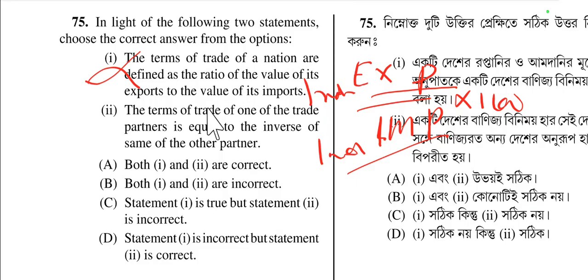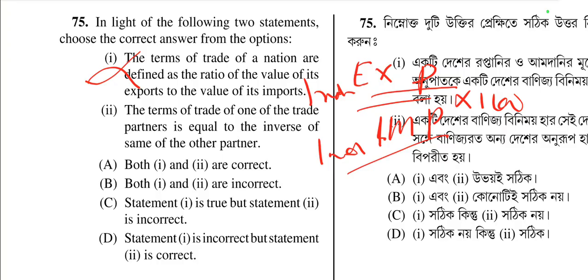Then statement 2: the terms of trade of one of the trade partners is equal to the inverse of the same of the other partner. This is correct, because the terms of trade for one country are indeed the inverse of the terms of trade for its trading partner. So if one country's terms of trade improve, implying it can buy more imports per unit of export, then the partner country's terms of trade will worsen, as it receives less for each unit of export in terms of import.